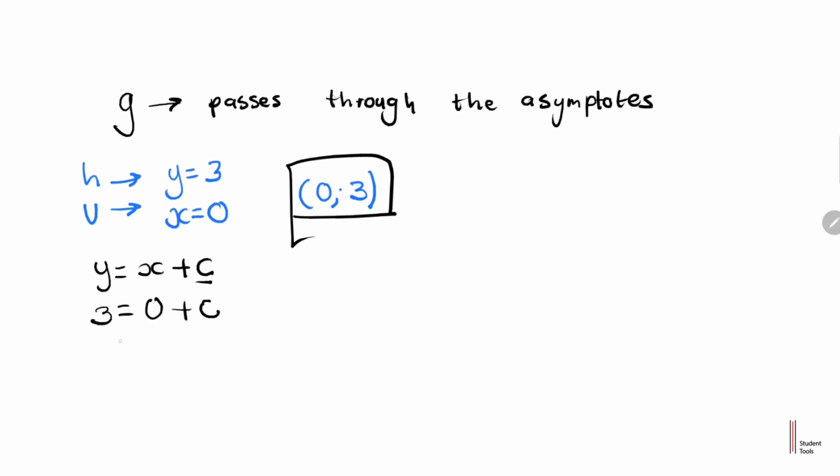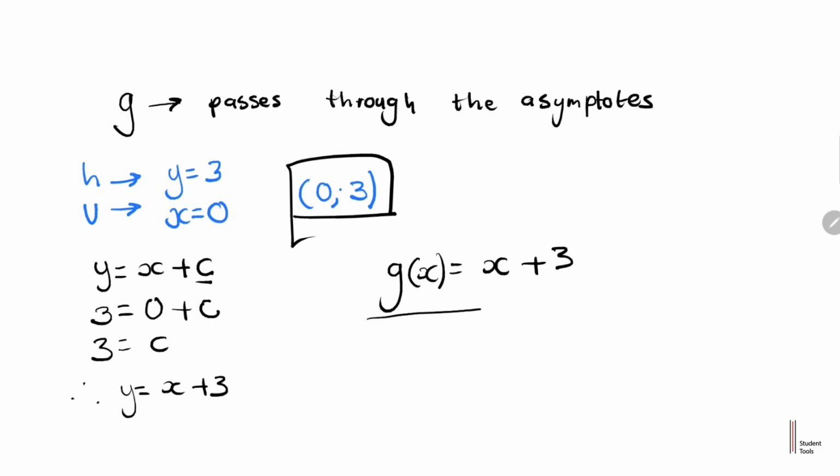And that makes c equal to 3. So that means that equation is y equal to x plus 3. So now we want to describe it as G. So G of x will be equal to x plus 3. And that is just how we determine the equation of G. All right, now let us move on to the next question.